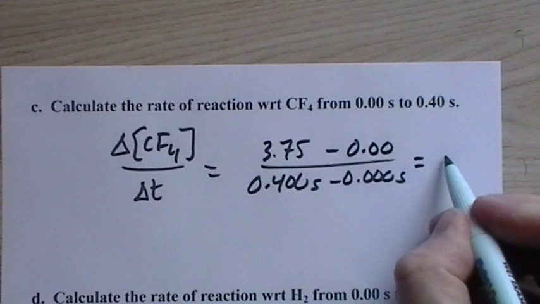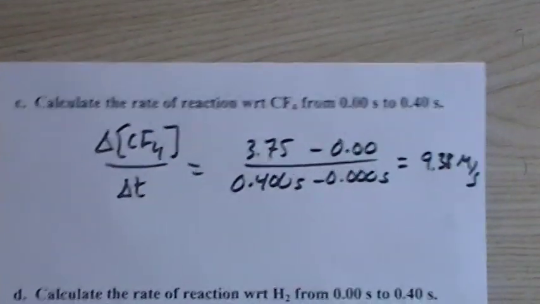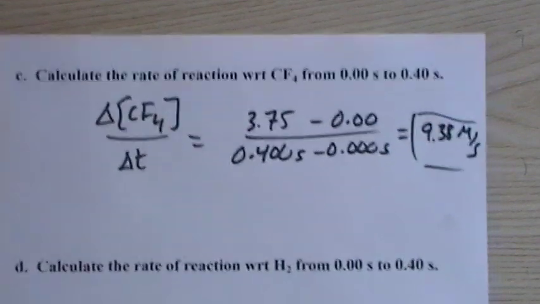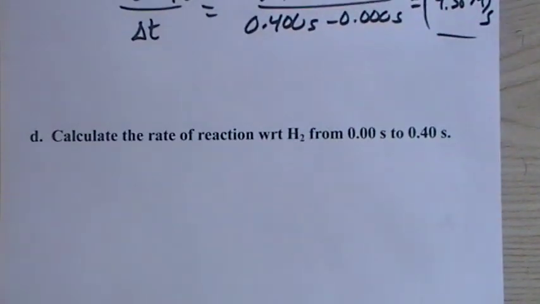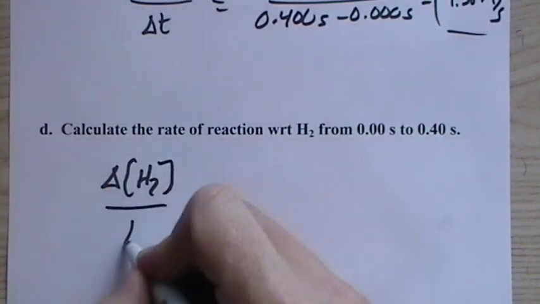And we come up with plus 9.38 molars per second. Let me make sure we're on screen. And if you notice, that is the same number as we have for methane, except that the sign has changed. For methane it is minus 9.38, and it should be, because it's 1-to-1 as far as the coefficients of the reaction.